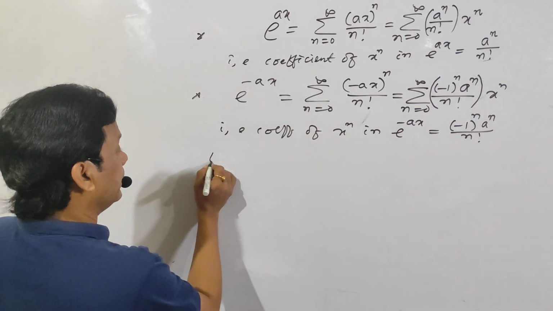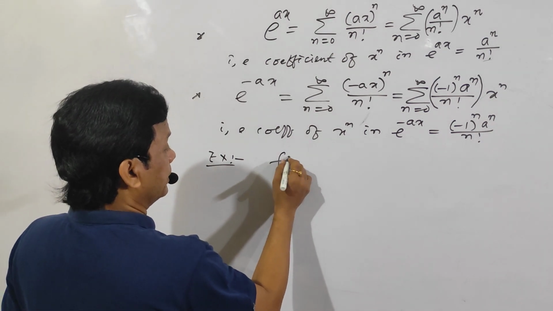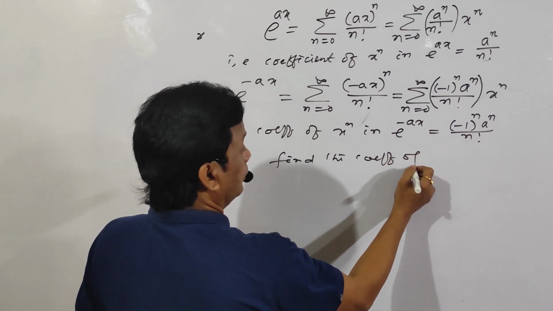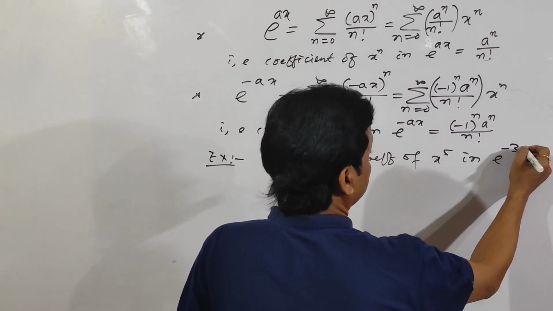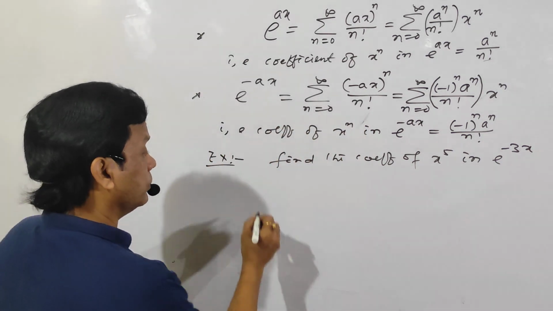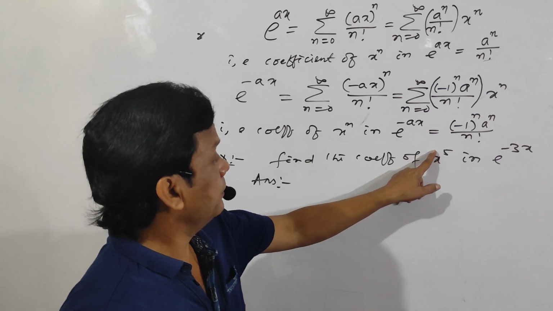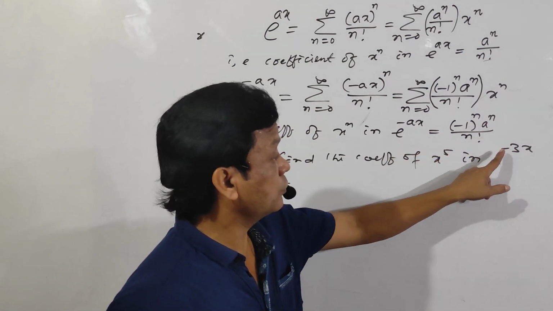So now I am giving an example. Find the coefficient of x to the 5 in e to the minus 3x. So directly write the answer. Here it is minus ax, so minus 3x.